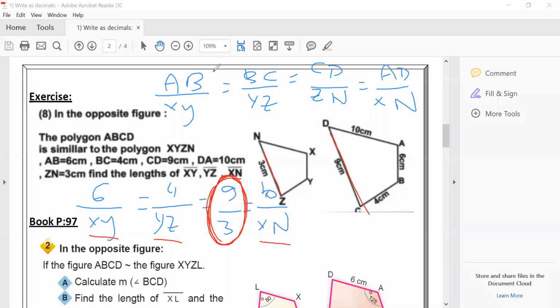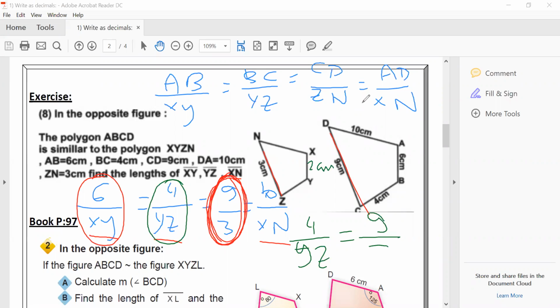Okay, so I took this one with 9 over 3. Now I want to take the other one. I want to get YZ as we got XY, 2 centimeters. So 4 over YZ is equal also to the same ratio, 9 over 3. How to get YZ? Omar Fathi. Yes.